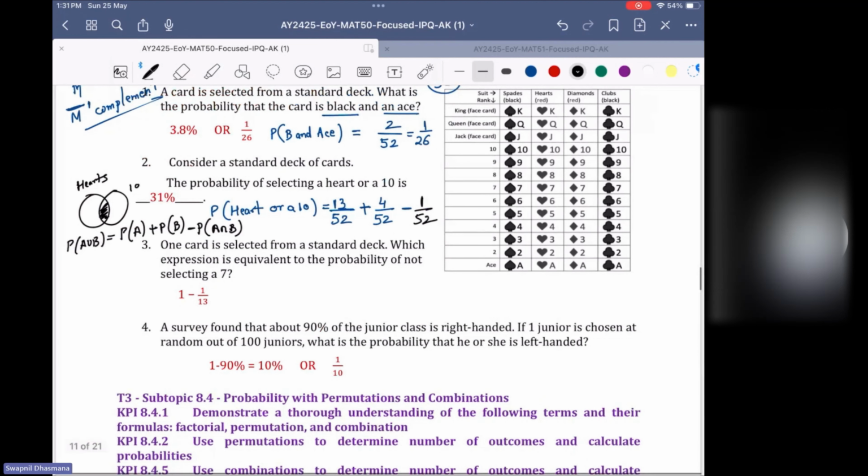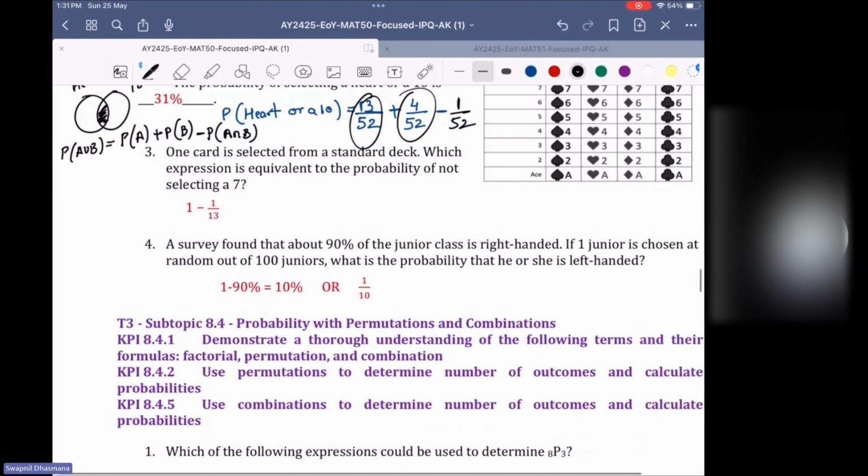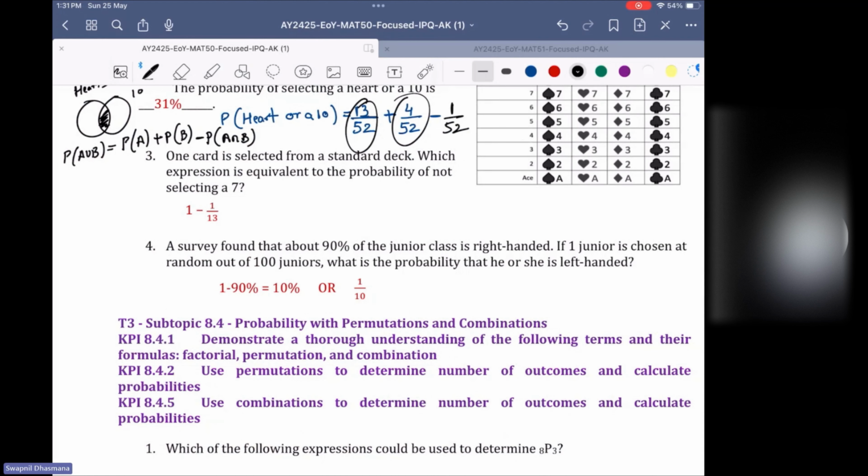Alternatively, I can look at the logical side of it, which shows that 13 hearts are there overall, which includes the 10 of hearts, and there are three extra tens: clubs, spades, and diamonds. So 13 plus 3 is 16. It can be 16 out of 52 as well.